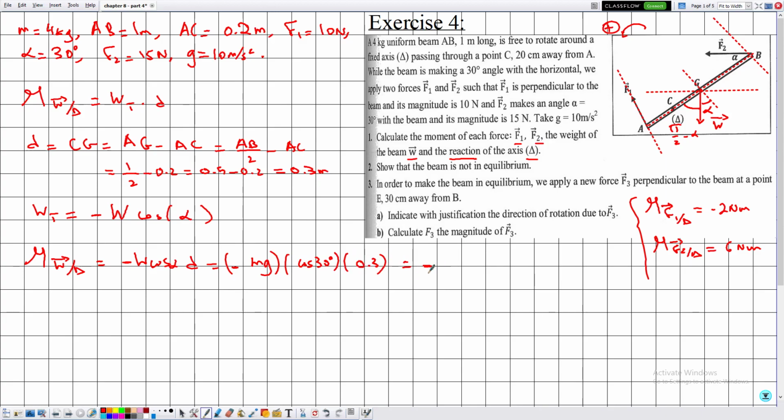So minus the mass, which is 4, multiplied by 10 cosine 30, which is radical 3 over 2, let me check, yes, multiplied by the value of D, which is 0.3.